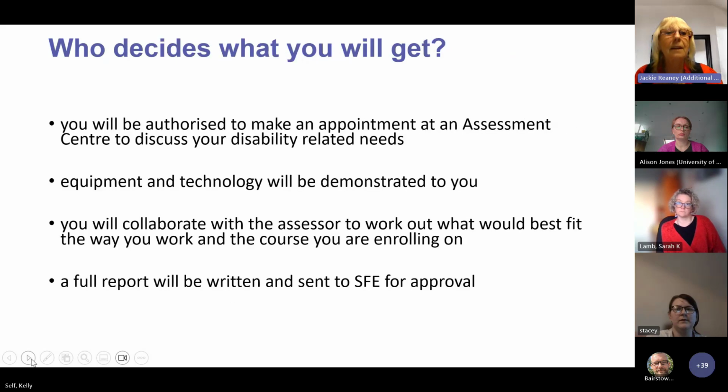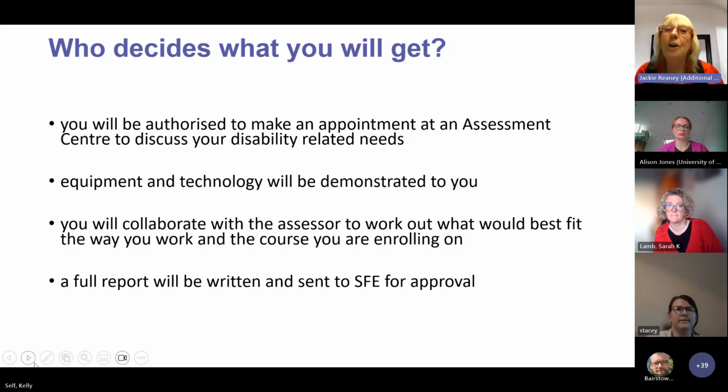Next one, please. So who decides on this? Well, it would be nice if we could just run through a checklist and say, do you want that? Let's have that. But actually, Student Finance England hold the purse strings. So once they've accepted your evidence, they'll send you permission to take part in an assessment at an assessment centre.